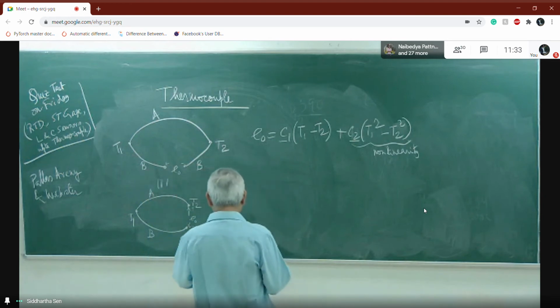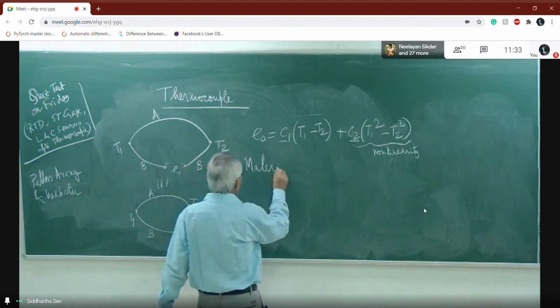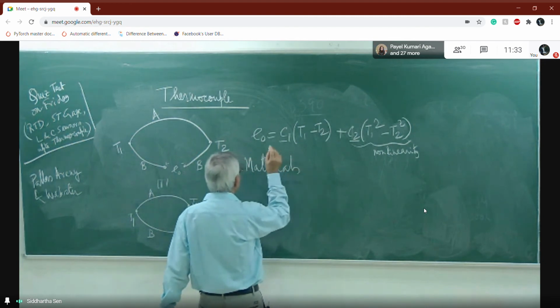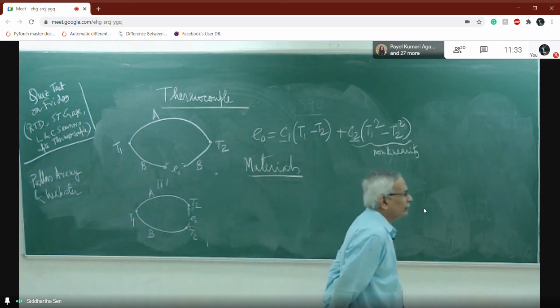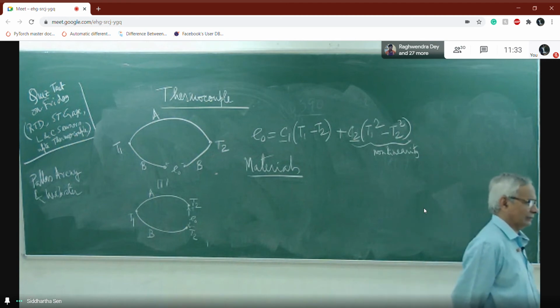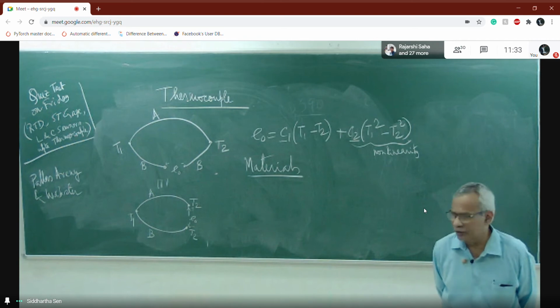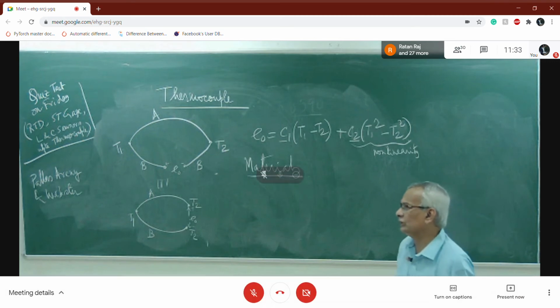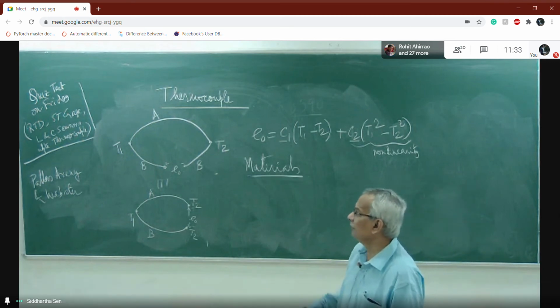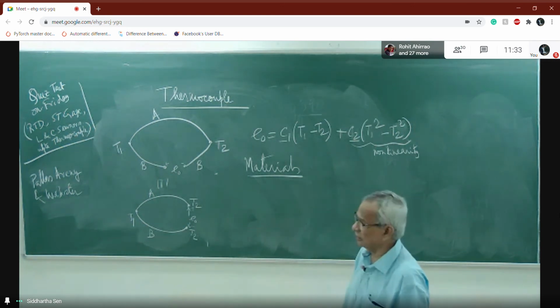Now the question is the selection of materials. Theoretically, any two dissimilar metals or alloys can form a thermocouple and some voltage will be generated. So we can use any combination of different metals to get a thermocouple voltage.